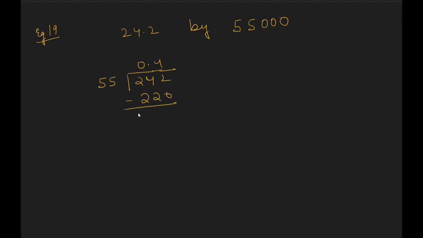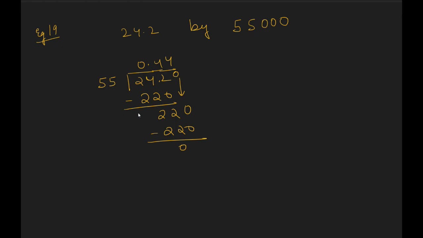You get 22, and this 0 which was here earlier comes down. So 220, and again 4s are 220. This becomes 0.